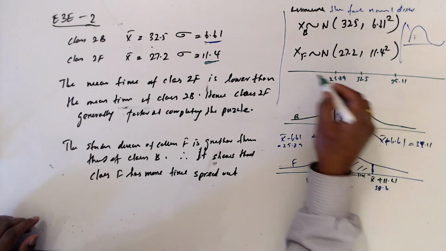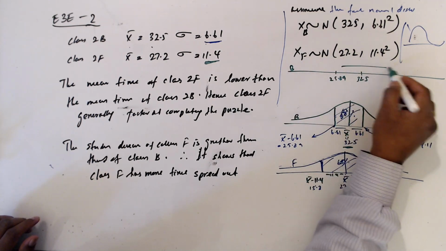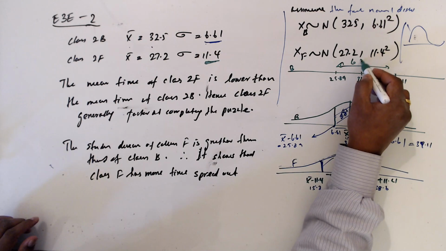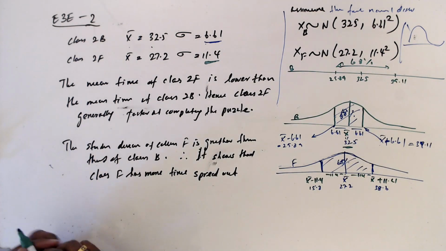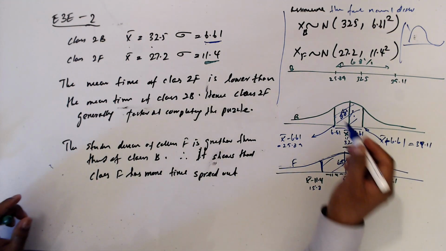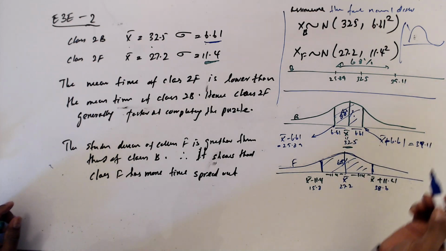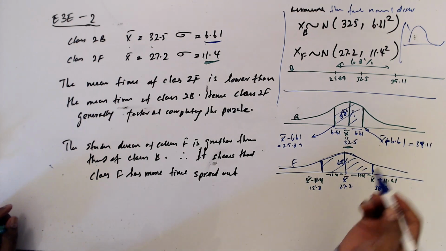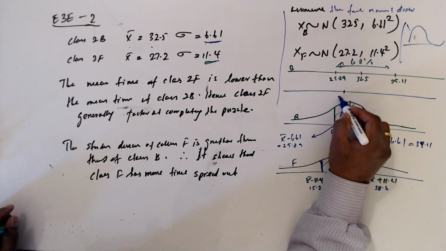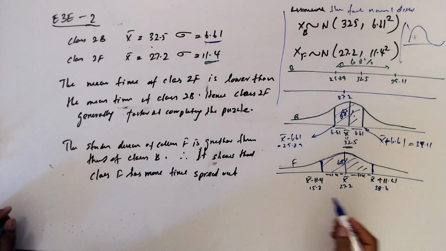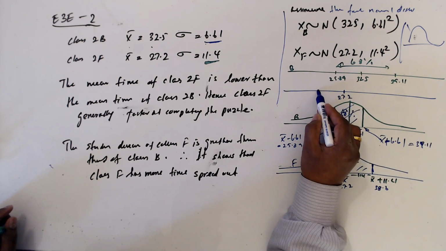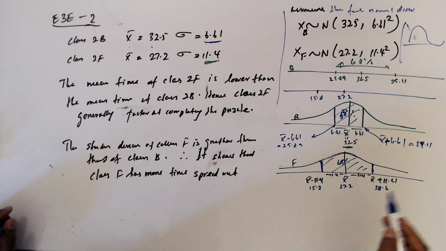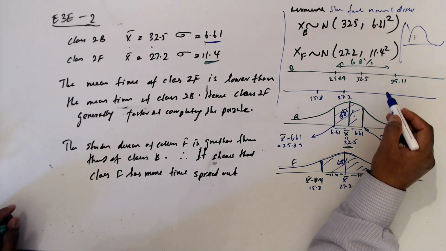So this is for B, and 68% of data is here. And for F, 27.2 is somewhere here, and 15.8 here, and 38.6 here.